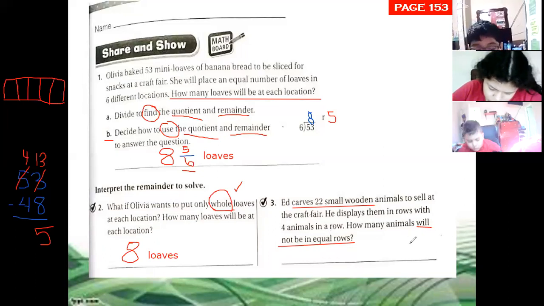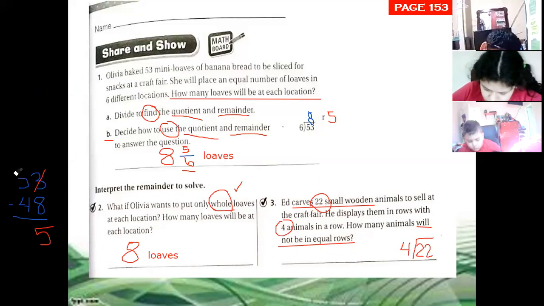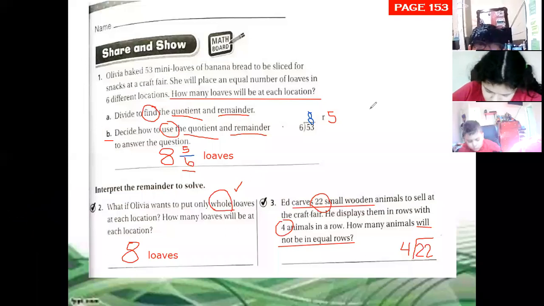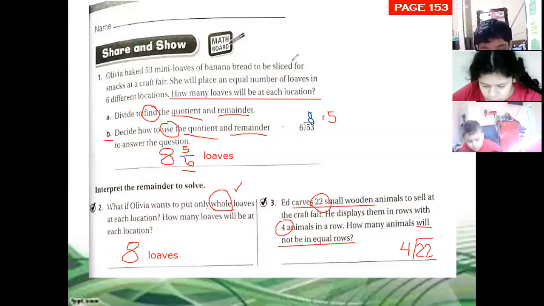We need to do the division. The division is 22, which is the greatest number here in the problem, and the number of animals in each row. So it is divided by 4. Table of 4, guys. 4 times 5, 20. Exactly. 4 times 6 is 24, and 24 is greater than 22.